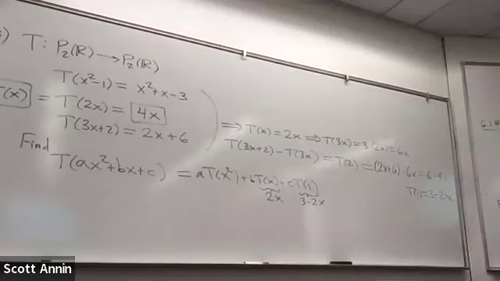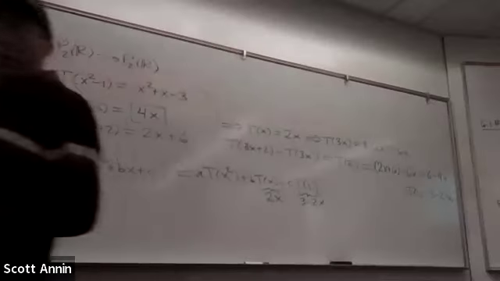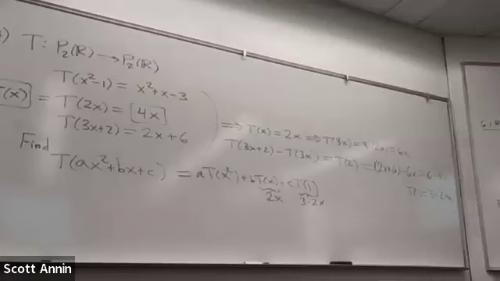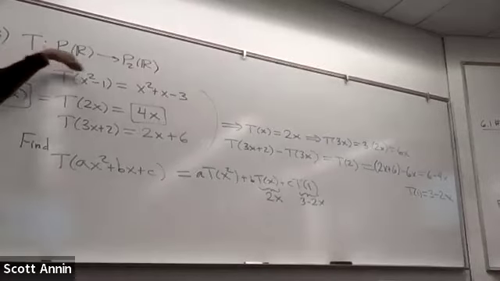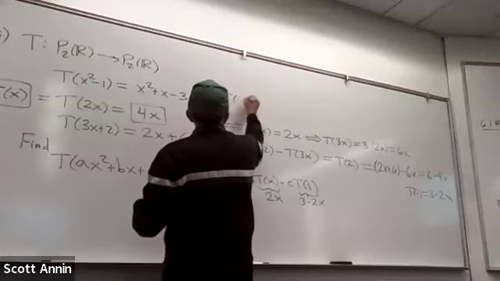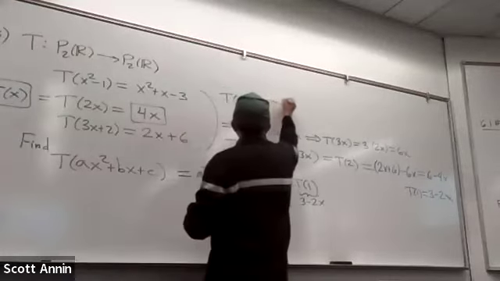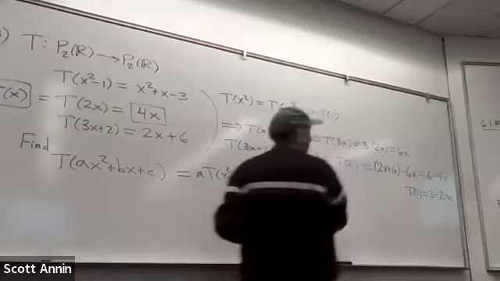Can we figure that one out pretty easily though? What part of the information do I want to use for that? Blake? Yeah, I'm going to use the T of 1 and the top one, the x squared minus 1. So exactly, I can figure out T of x squared. Let's just do it right here, guys. T of x squared would just be T of x squared minus 1 plus T of 1.